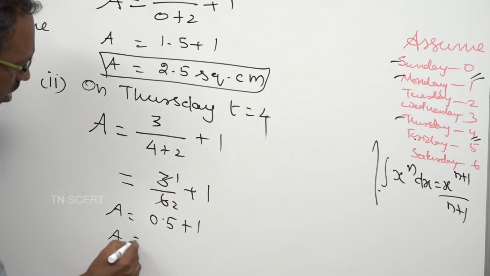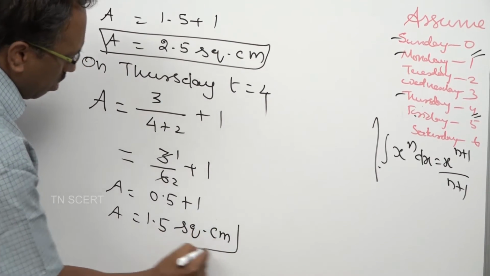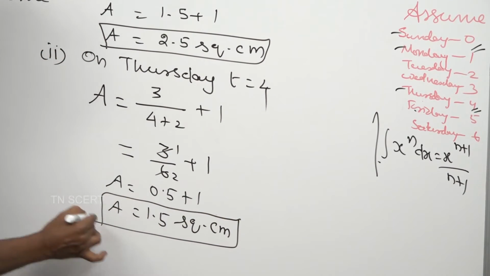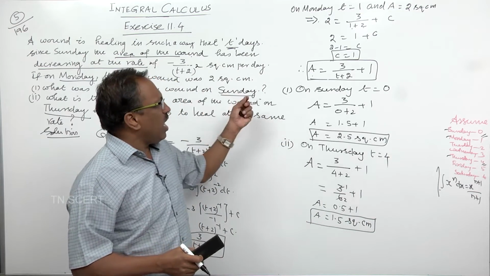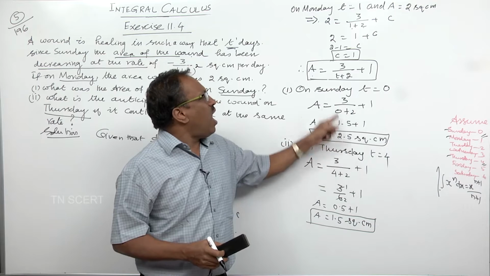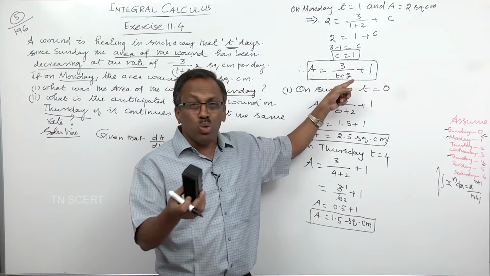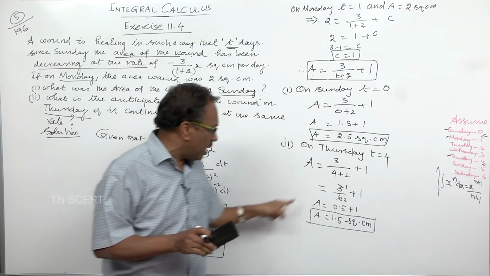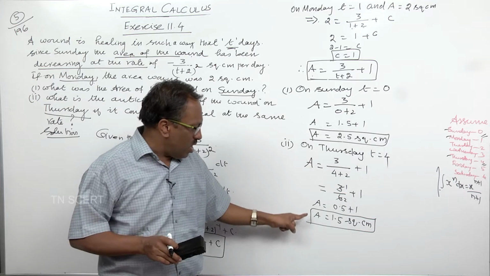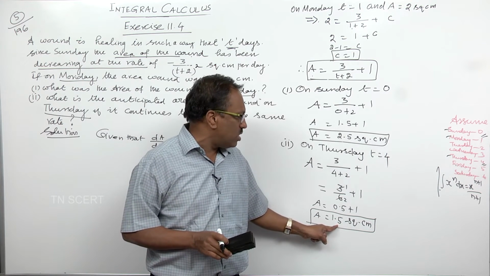Naturally a person would get a limited area because the wound is healing day by day. Sunday it was like this, and Monday the calculation is this much. On Thursday the wound was healed to be 1.5 square centimeter.